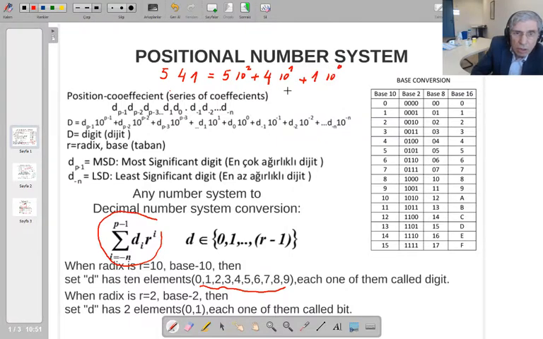So when you add them up, it's 500 plus 40 plus 1, add them up, 541. So that is the representation. What is done actually is counting: in order to reach 541 by counting, you go step by step, and you end up with this. So what is given to you with this formula is the same.